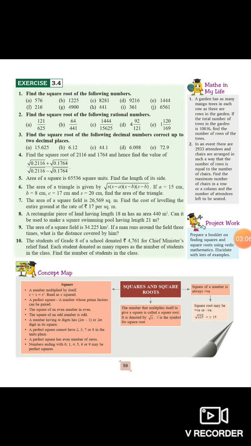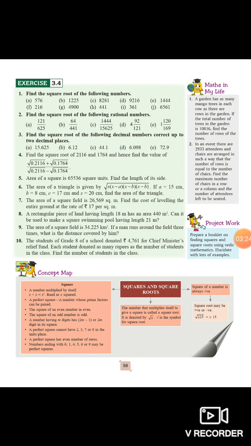That is the 7th question. Next, question 8: a rectangular piece of land having length 18 meter has an area of 440 meter square. Can it be used to make a square swimming pool having length 21 meter? In this sum also nothing needs to be done, only common sense is required.